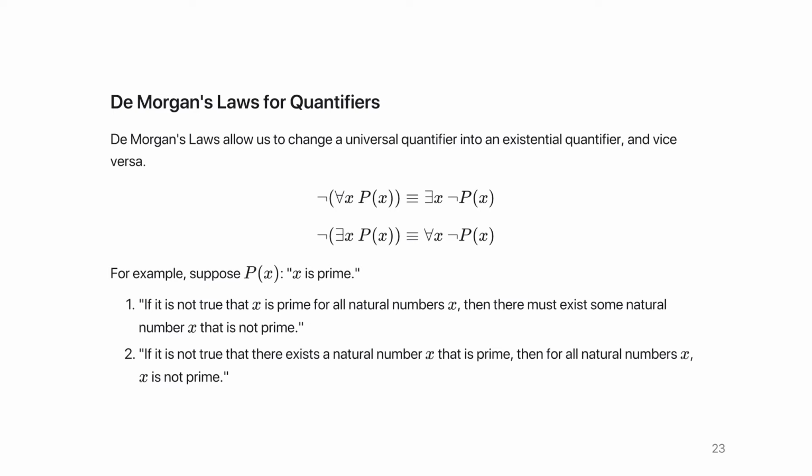Okay? So for example, why don't we let x represent the set of students in this class, and P of x be the proposition that a student is a sophomore. So what does the first one say? It says, if not all students are sophomores, then there exists at least one student that is not a sophomore. Is that clear?